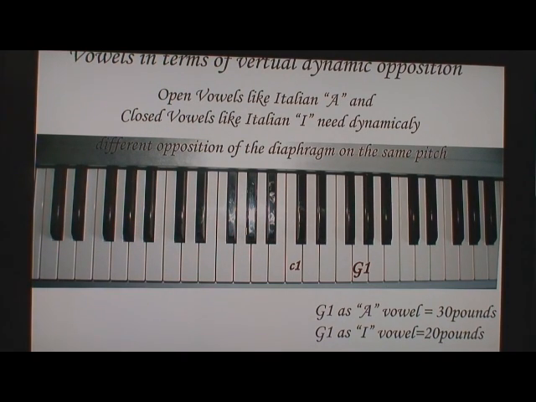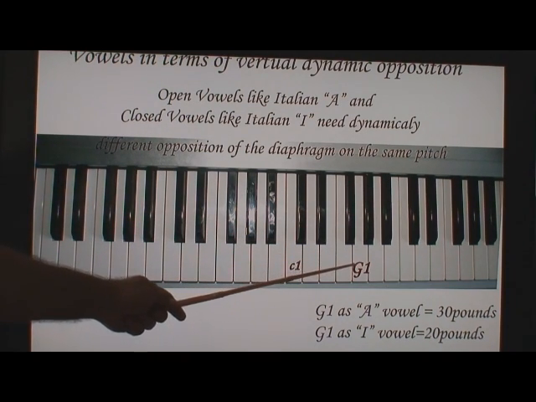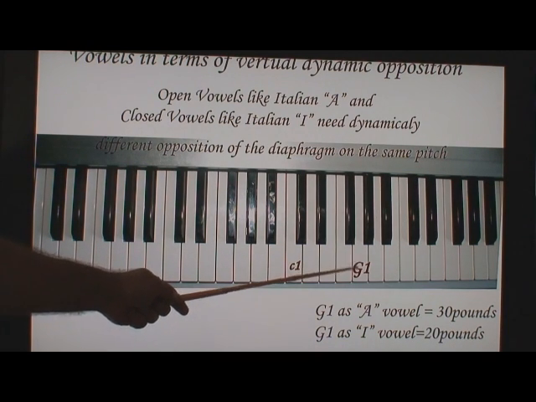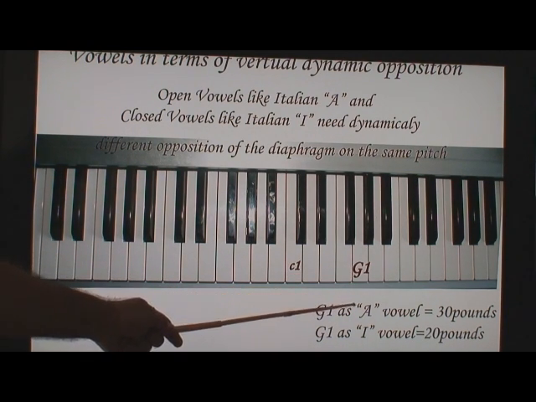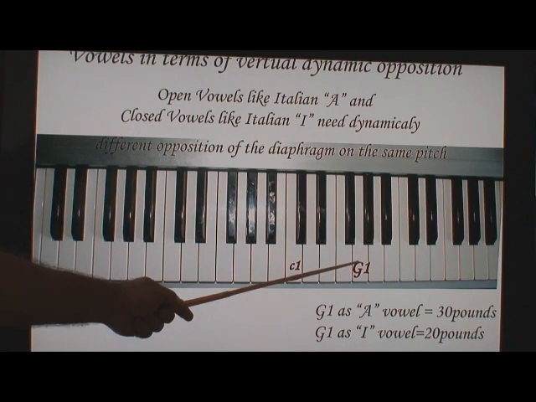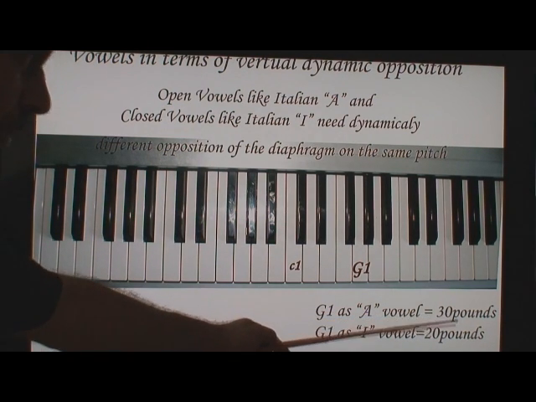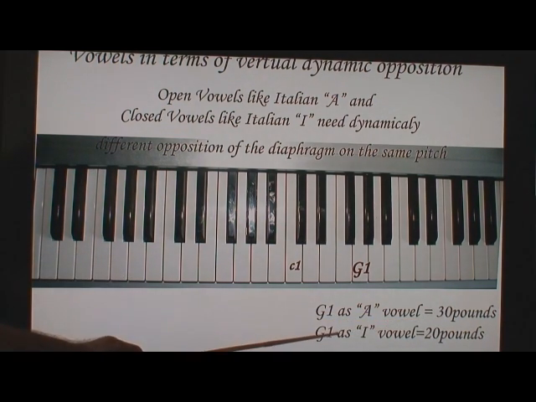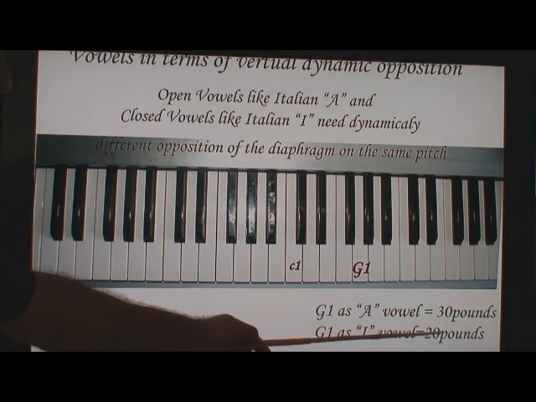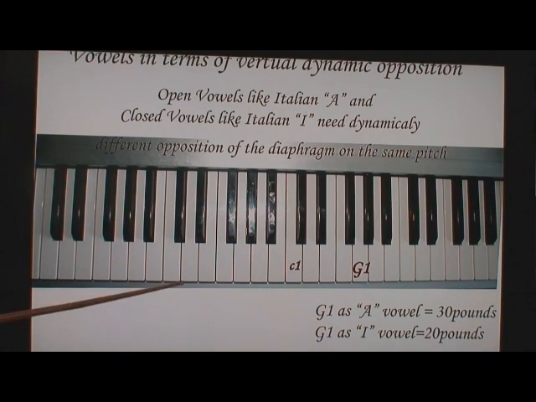When you sing high G, for example G1, with the A and with the E, you need different opposition. I put this here in pounds also: G as an A vowel needs 30 pounds, and G1 as an I vowel needs 20 pounds, because I is a closed vowel. That's why it needs less opposition of the diaphragm in this case.